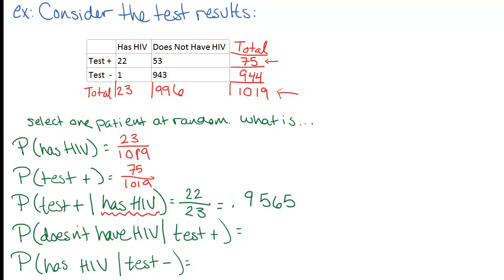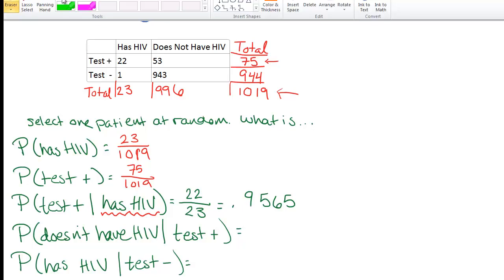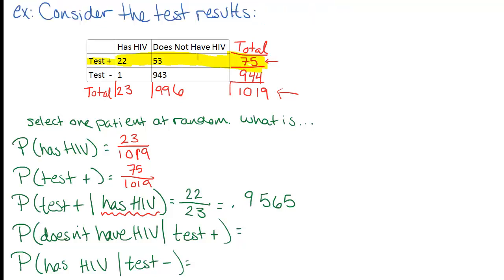So in this case, we want to limit ourselves only to those who have positive test results. So that would be only people in this row. So we're looking for the number who don't have HIV. That was 53 in this group, out of the total, which was 75. And this comes out to about 70 or 71%.